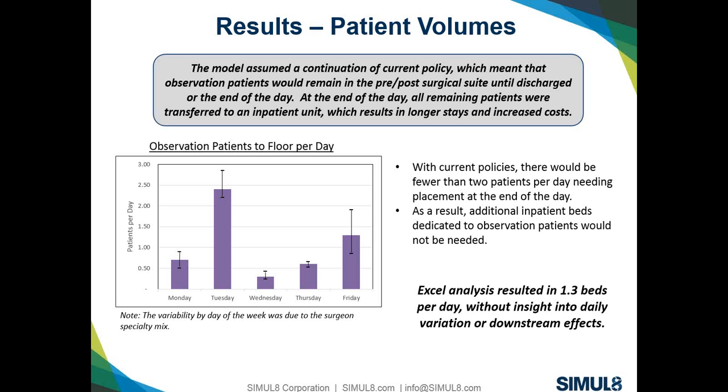On days where you have a lot of ortho cases, maybe not so much. So there's quite a bit of variability between days, and also within day. Those error bars represent the variability that we saw within the model as well. Not every Friday is going to be exactly the same, but you can get a feel for what those days would look like.